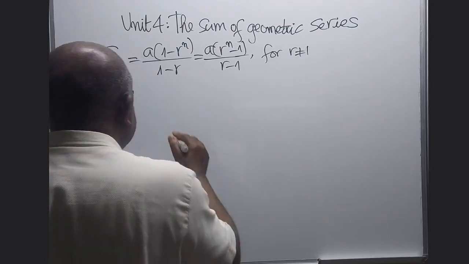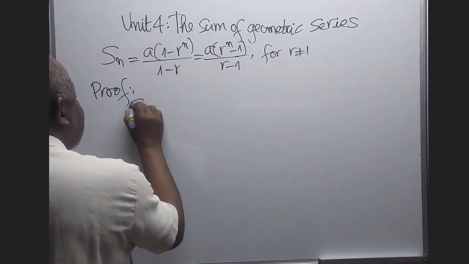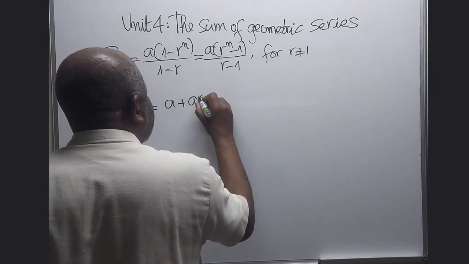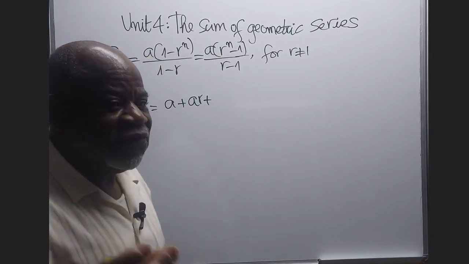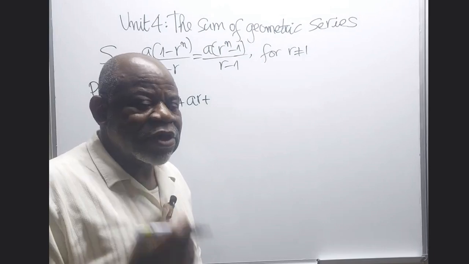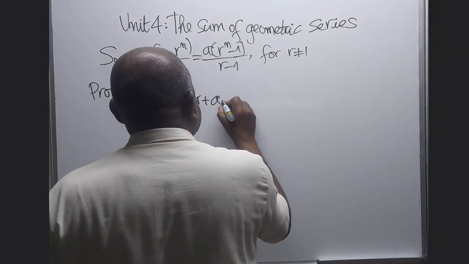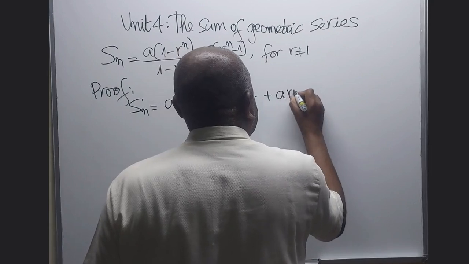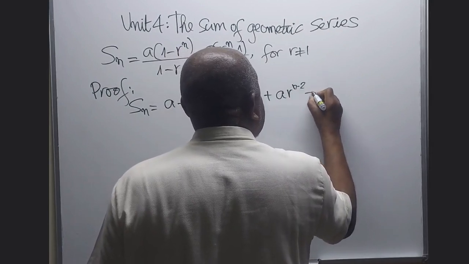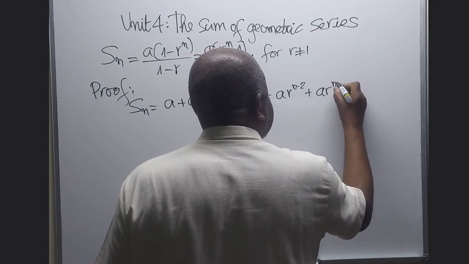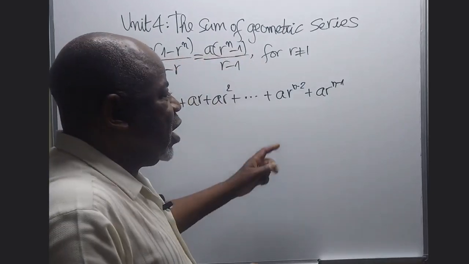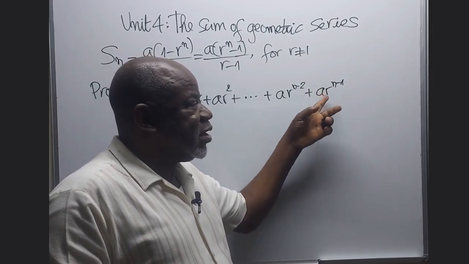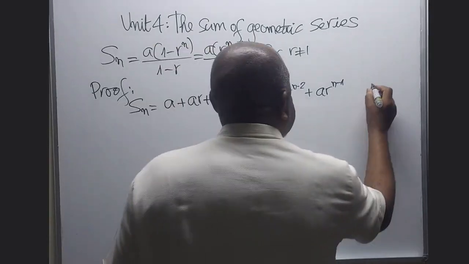We're considering that Sn is equal to a plus ar, meaning I'm taking the first term and multiplying with the common ratio, and then the next one will be ar squared, plus dot dot dot, plus ar to the power of n minus 2, plus ar to the power of n minus 1, which is practically the last term. So this is equation 1.